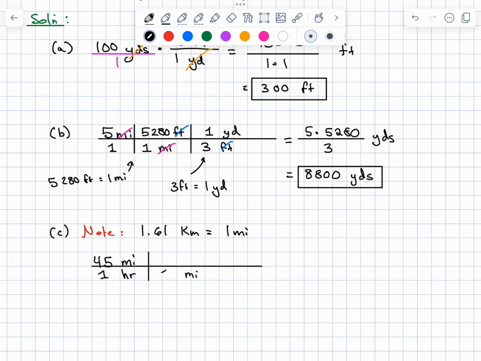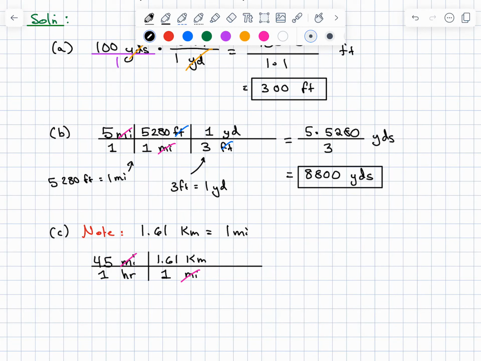And we know that for every 1 mile, from above in the note, 1 mile is 1.61 kilometers. So we get rid of our freedom units and we're left with kilometers up top and hours on the bottom, which is exactly what we want: kmh or kph, kilometers per hour.